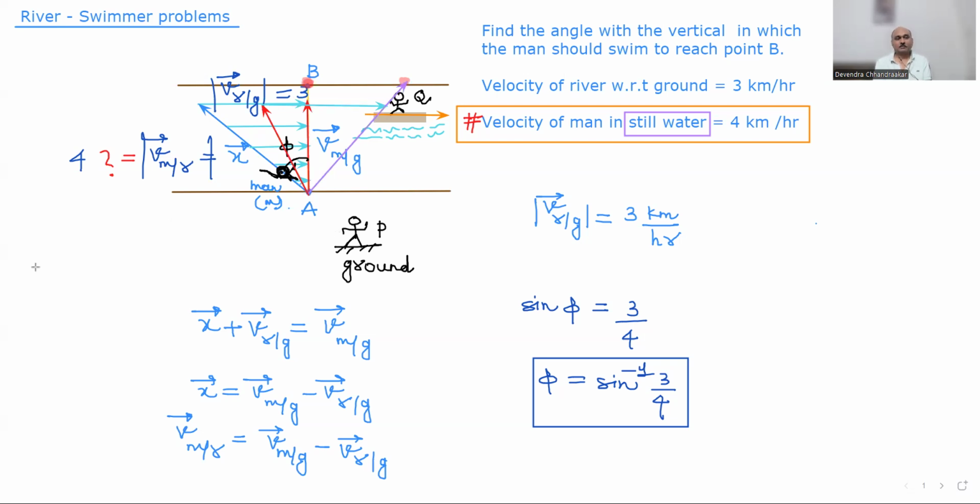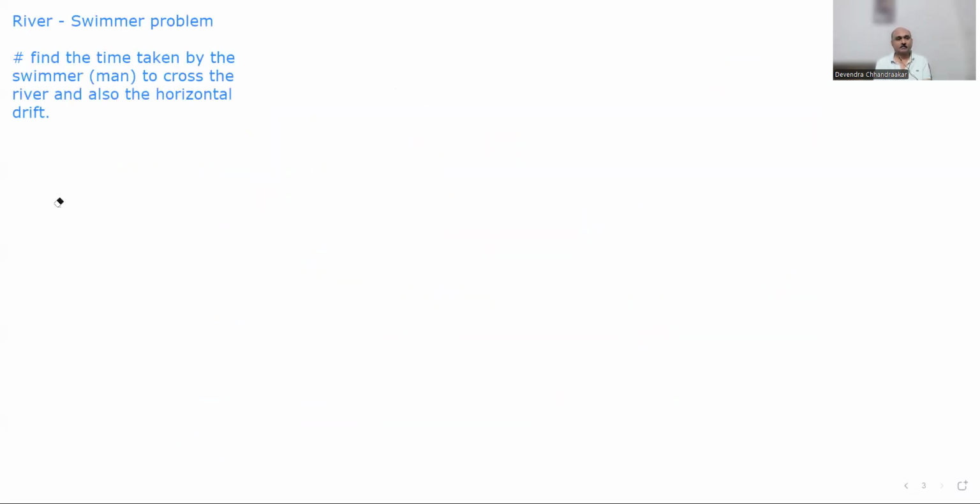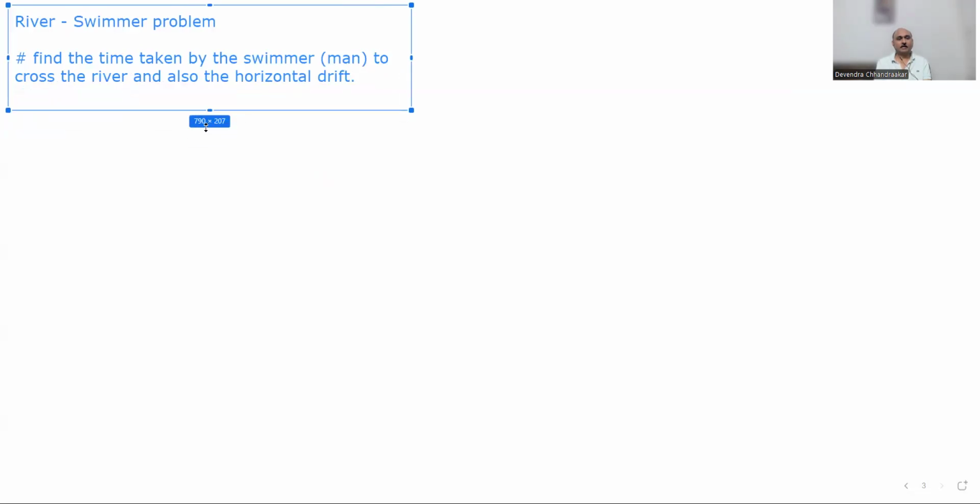So exactly not on the opposite side of the bank, but making some angle from it, right? Sir, he is not making an angle in the starting, he is going in a straight line. He may be making some different angle than what we found.